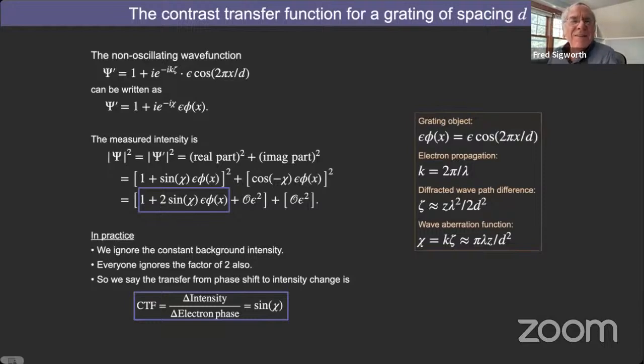Well, people aren't doing really quantitative imaging anyway. And so we just say that the contrast transfer function is the change in intensity per unit change in electron phase. And it just goes as sine of chi. Okay.